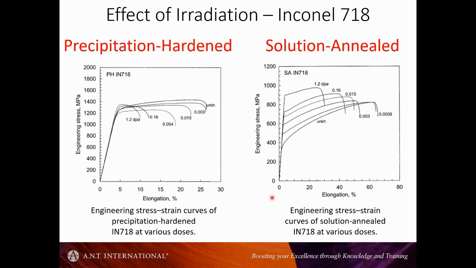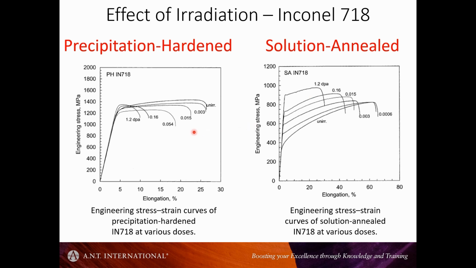And this is the effect of irradiation on the solution annealed material. What it illustrates here is that at very low doses we have a typical stress strain curve, lots of ductility, some hardening, but as you irradiate, as you increase the dose and you create radiation damage, you get a much more embrittling effect.